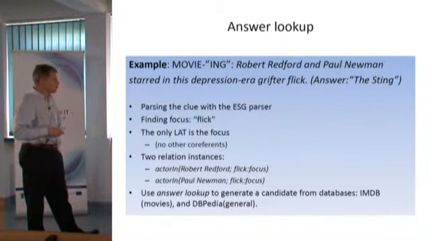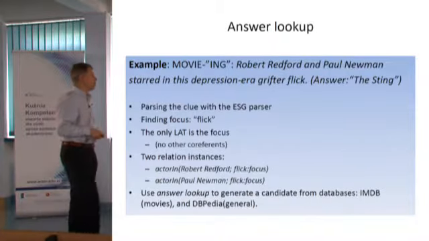But basically, we are interested in a relationship, actor in, and we have the name of the actor, which we get from the named entity recognition. So actor in: Redford, in something, flick, which is the focus, and we have the same relation for Paul Newman.